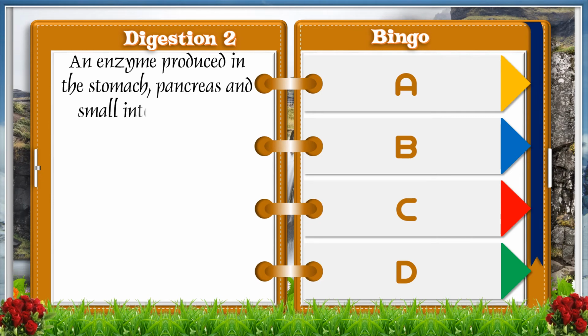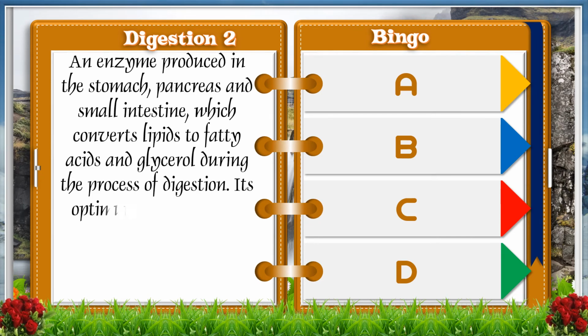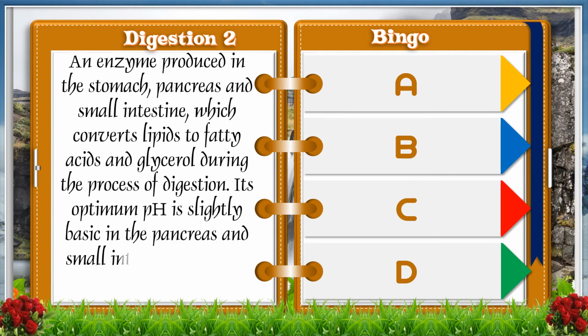An enzyme produced in the stomach, pancreas, and small intestine which converts lipids to fatty acids and glycerol during the process of digestion. Its optimum pH is slightly basic in the pancreas and small intestine, but acidic in the stomach.